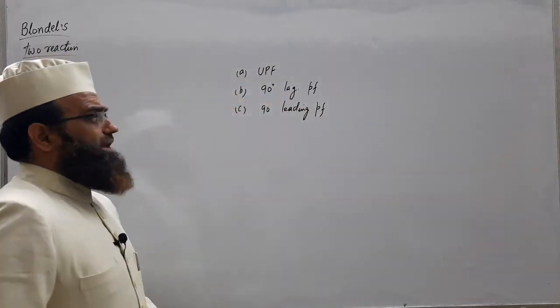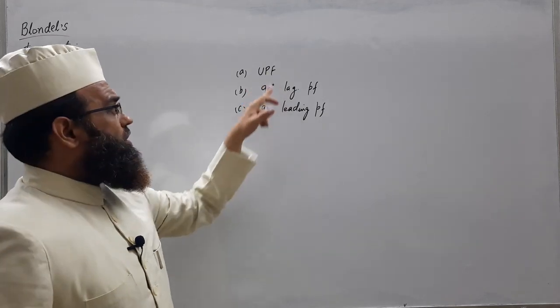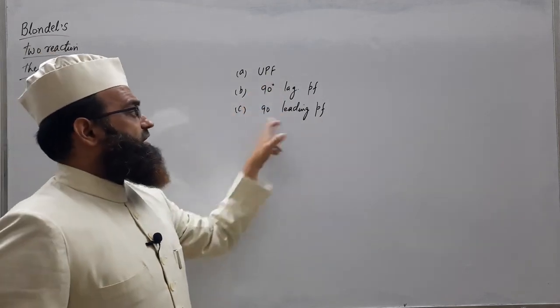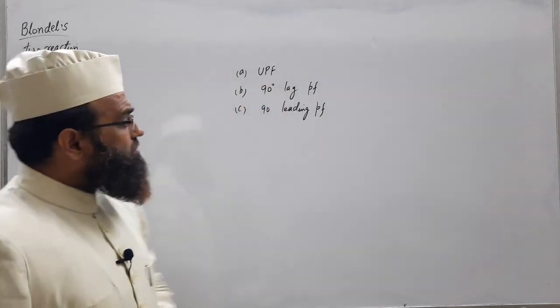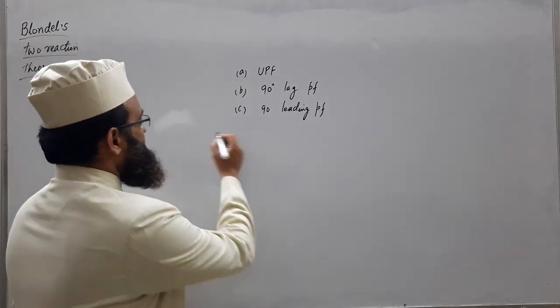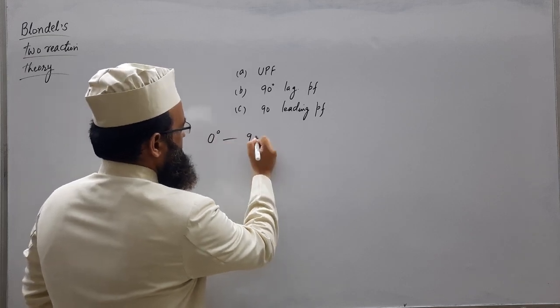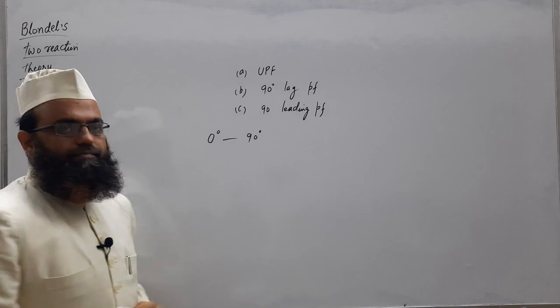But the power factor may not necessarily be unity or exact 90° lagging or exact 90° leading. What about the power factors when the power factor angle is in between 0 degree to 90°, either lagging or leading?